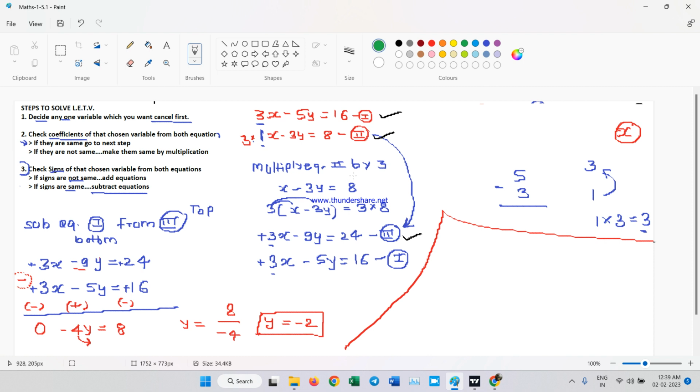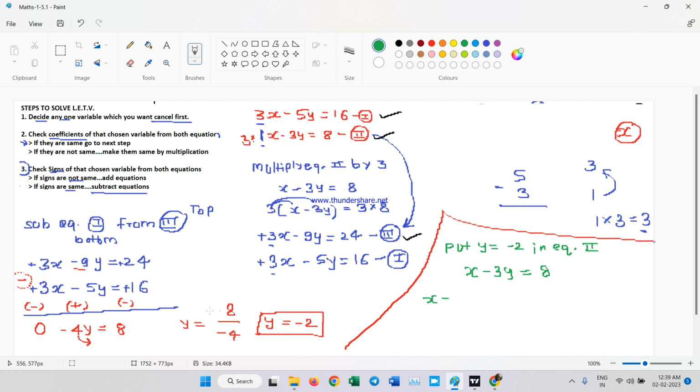Sorry, original equation 2 I am choosing. So I will put y equals minus 2 in equation 2. What is the original equation number 2? Yes, this was the original equation number 2, which I found the simple equation, and that's why I'm putting the value of y over here.